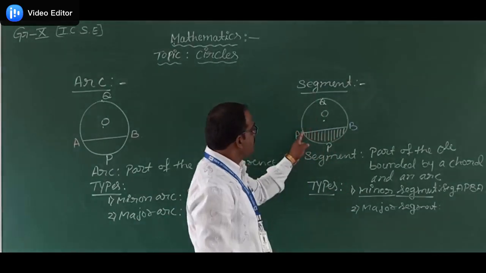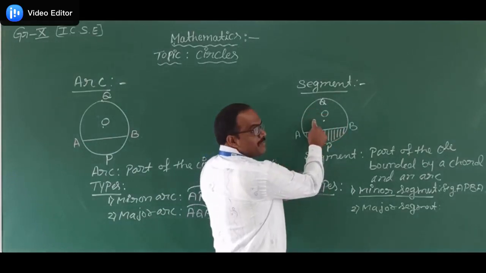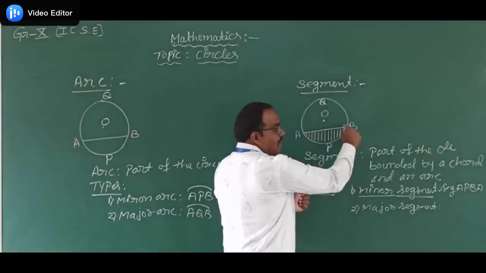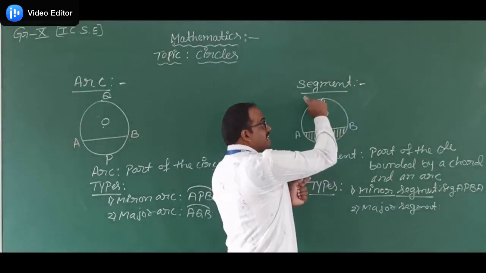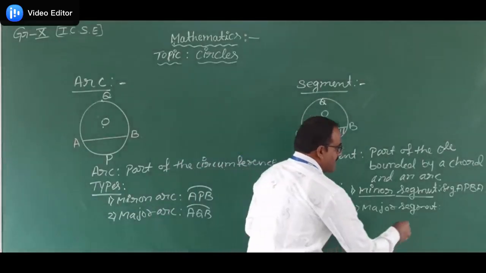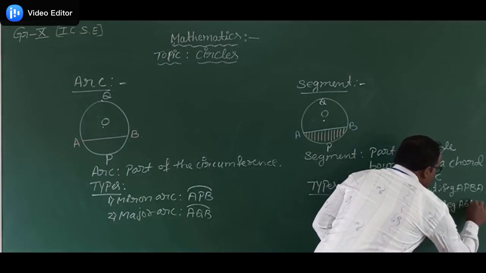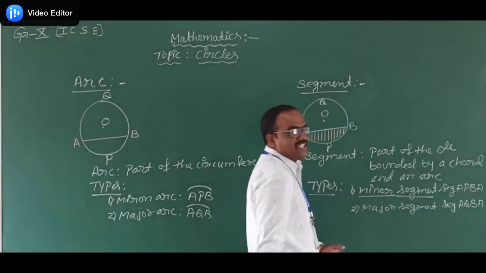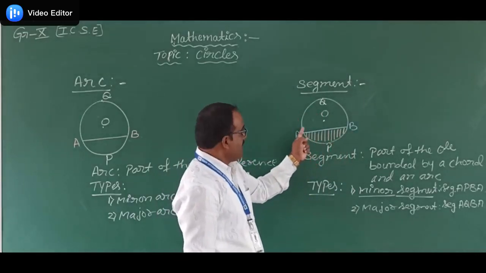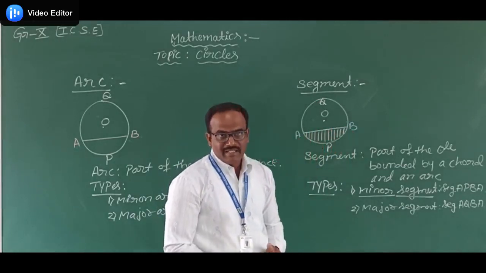The segment which is bounded by the major arc. See here, this unshaded part. This is one of the parts of the circle which is bounded by the larger arc, the major arc. Therefore, this part is called the major segment. So segment AQBA is the major segment. APBA is the minor segment. AQBA is the larger or the major segment.